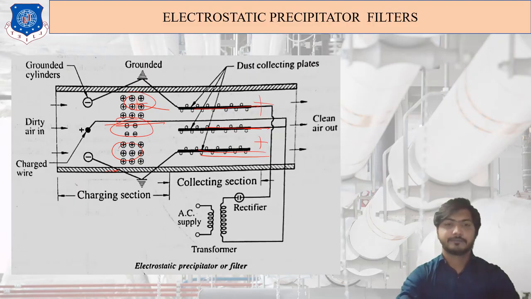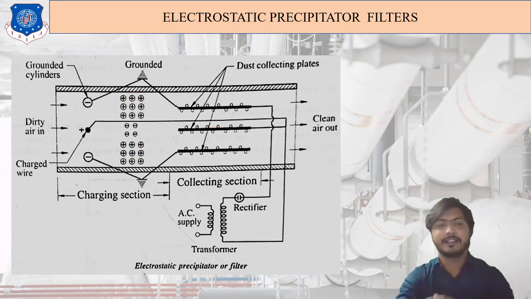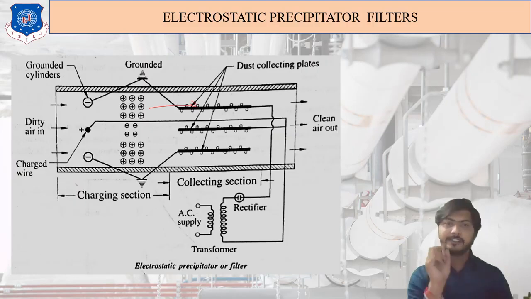So the particles move toward the positive plates and accumulate on them, so dust collects on these plates. How does it work? This is the AC supply.